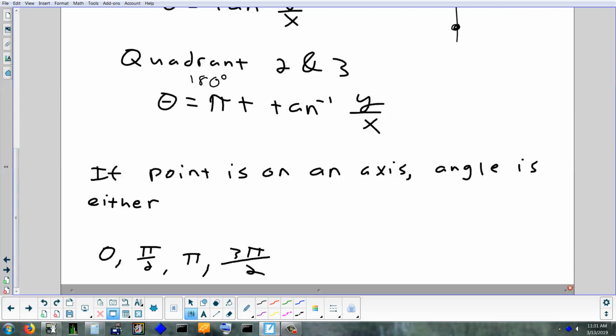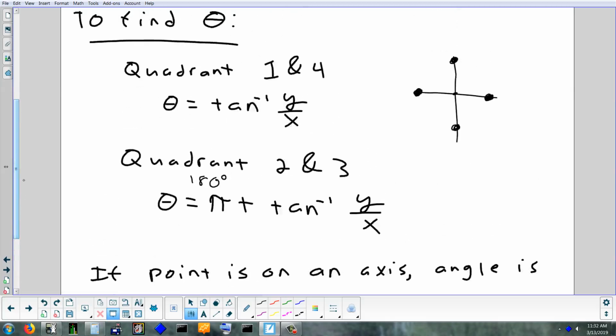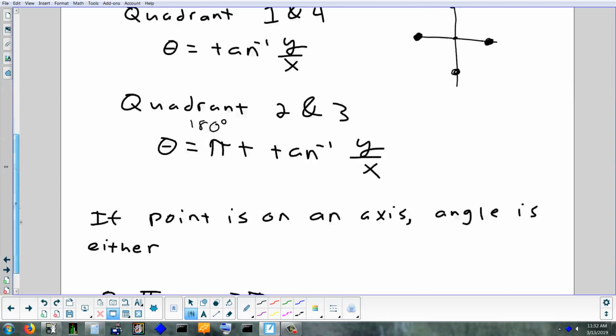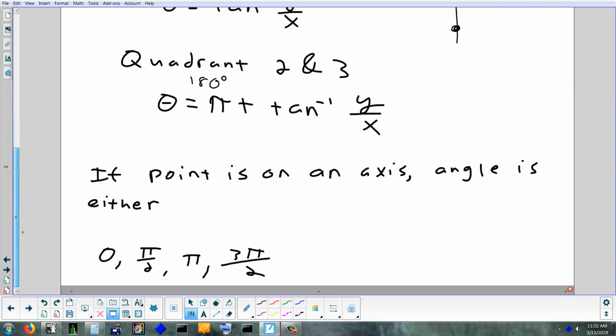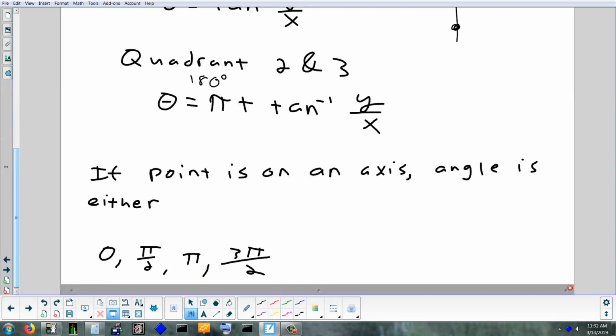I have them right there in radians. Those are the easy ones. Okay? You don't have to use inverse tangent. You don't have to do anything like that. If you're right, it's 0. Up, 90. Left, 180. Down, 270. If you're not one of those, then you got to use the formulas I have up above. Okay? So that's how you find theta.